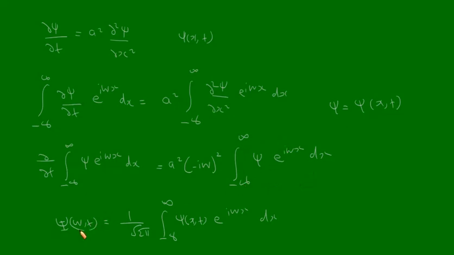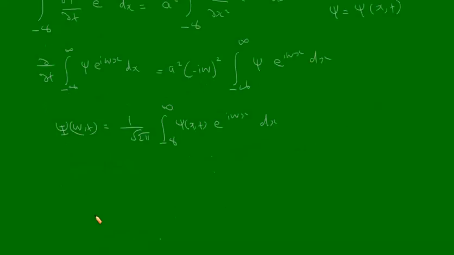And if I represent it like that, then this will be equal to dou by dou t of psi omega t is equal to minus a square.